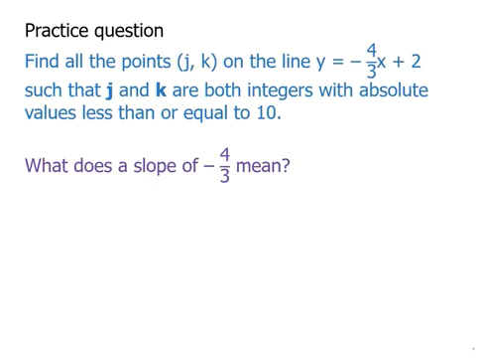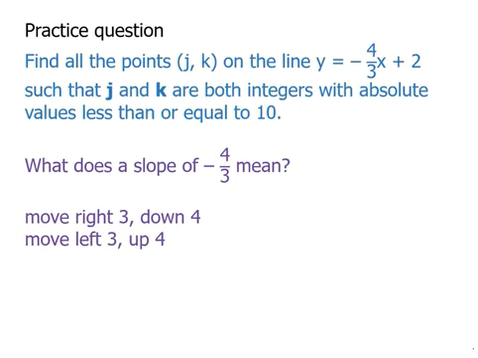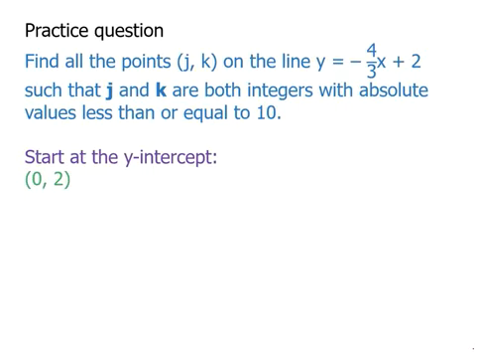Now, what does a slope of negative 4/3 mean? Here we're going to take the numerical perspective on slope. Slope means move right 3, down 4. Or it could mean move left 3, up 4. So if we start at the point (0, 2), then if we move right 3, down 4, we go from 0 to 3 and down from 2 to negative 2.